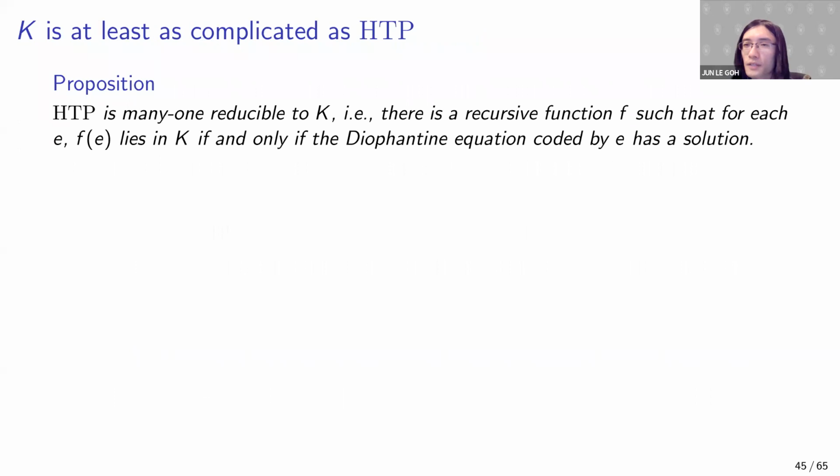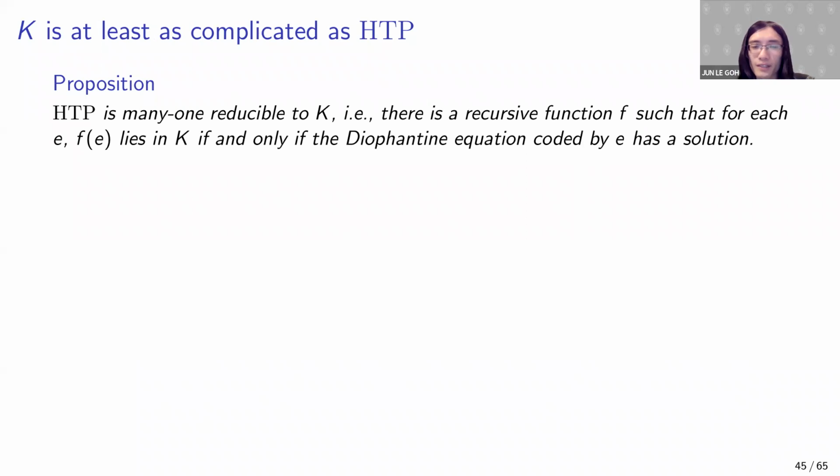All right, so here's the first direction, which shows that K is at least as complicated as HTP. So the result is, okay, HTP is many-one reducible to K, i.e., there is a recursive function f. So this f you should think of as implementing the reduction.